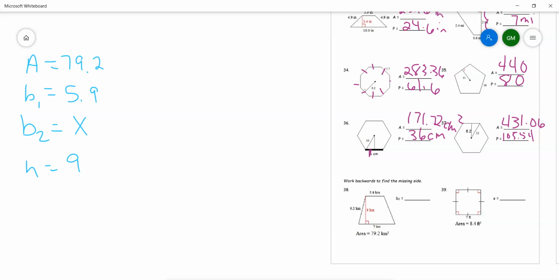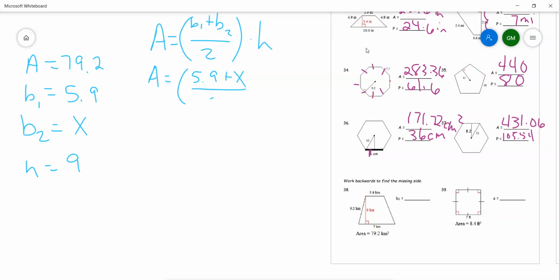All right, so we're going to rewrite our formula. Area is equal to base 1 plus base 2 over 2 times the height. So we get area is equal to base 1, which is 5.9, plus unknown over 2 times the height, which is 9.